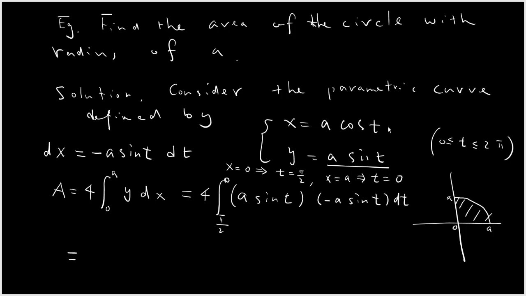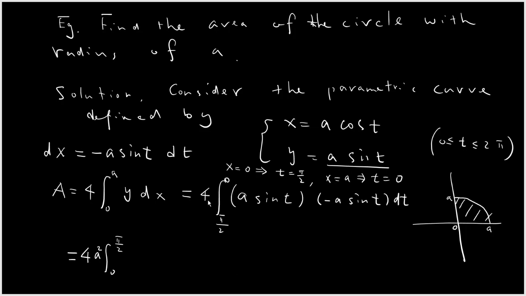Simplify the integral a little bit. You switch the lower limit and upper limit, or some people say the lower bound and upper bound, and then you get rid of the negative sign, leave out the constants. I think the constant part is 4a squared.